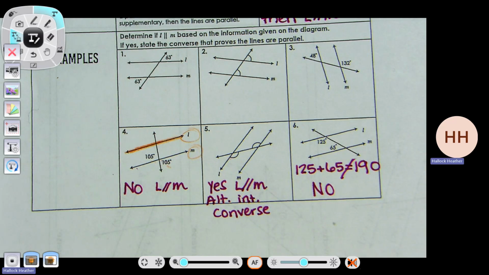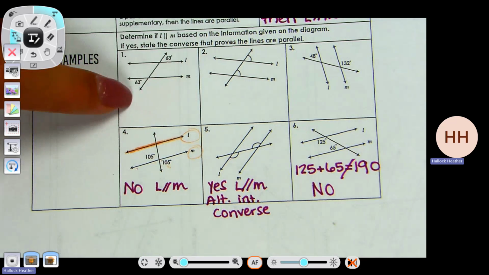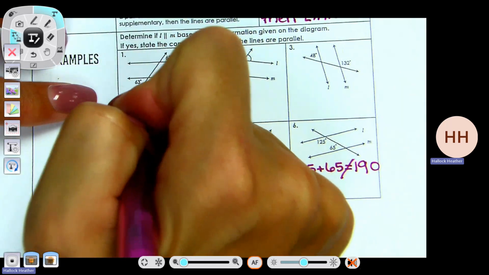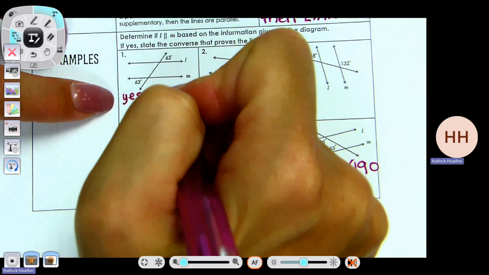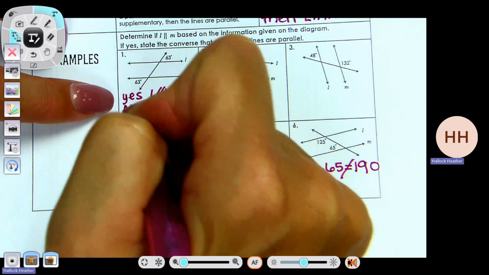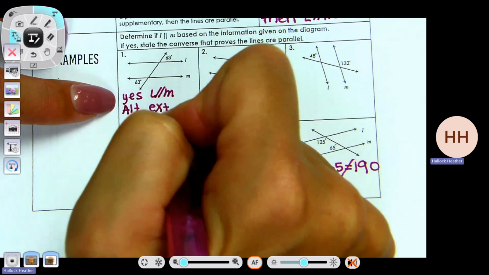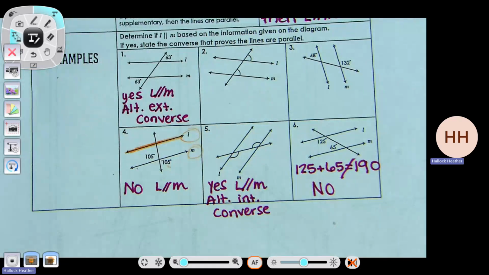Because they're alternate exterior. Alternate exterior are congruent and they're both 63, so you know they're the same.